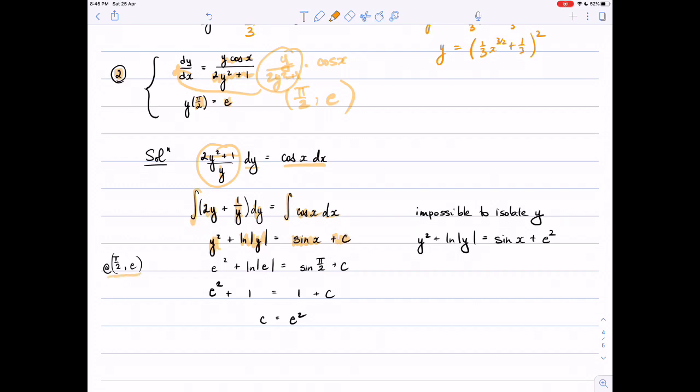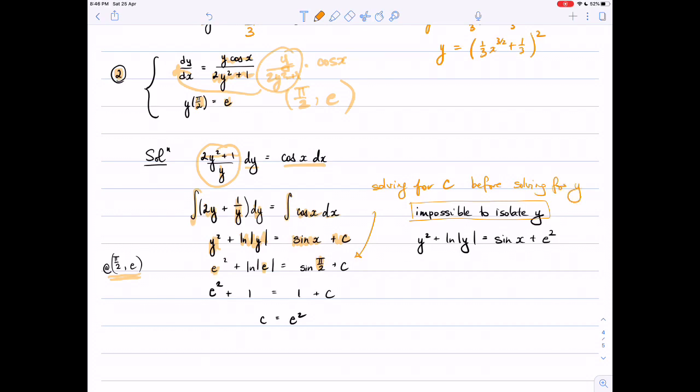Now we're going to use this point here, that at x equal to pi over 2, y is equal to e. So we plug that in first for the x and for the y value. And I should make a point that before you solve, actually in this case it is going to be impossible to solve for y, but even if it were, plugging in the conditions to solve for c is better to do before solving for y, before isolating.